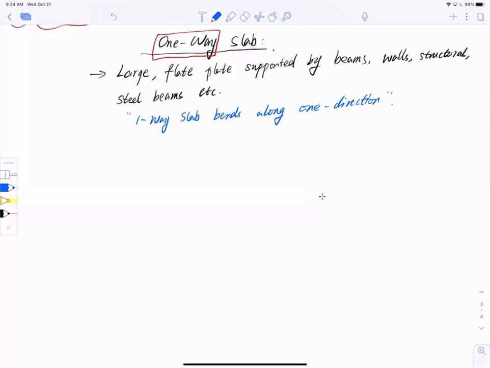In another word, you only have to calculate moment in this direction. And the other important thing is that it's a unit strip.